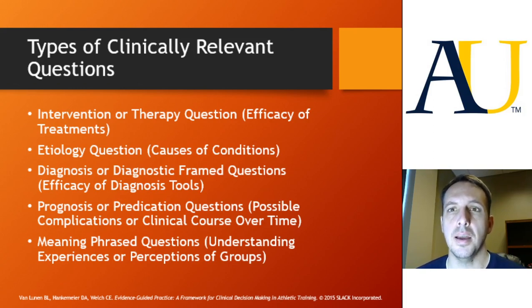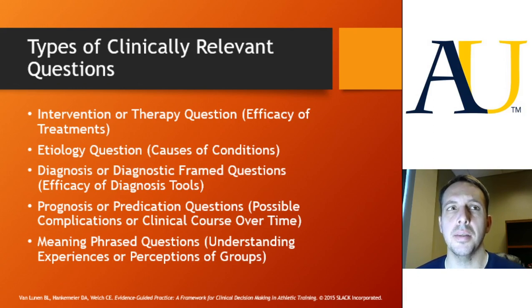And so the first type of a clinical question is an intervention or therapy question. And this is usually what we're thinking of most often, because most of the time when you get into evidence-based practice components, you're trying to figure out what is our best intervention plan for our particular patient.